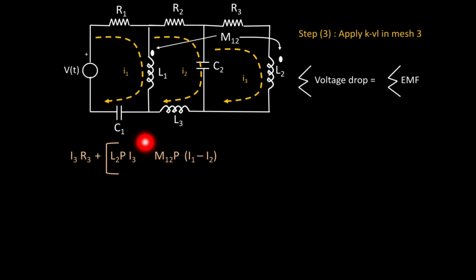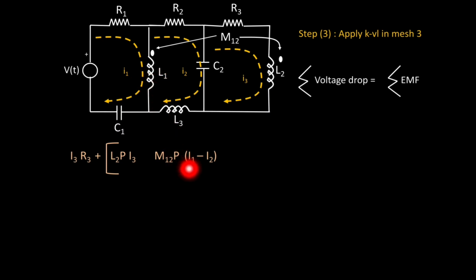Now whether these two voltage drops are additive or subtractive, for that we have to check the dot convention. Which current will we check in L2? In L2 we will check I3. I3 is getting the dot at the time of entering this L2. And which current will we check in L1?